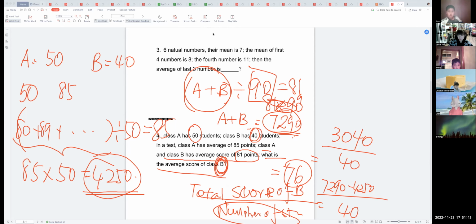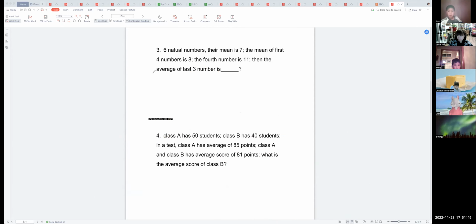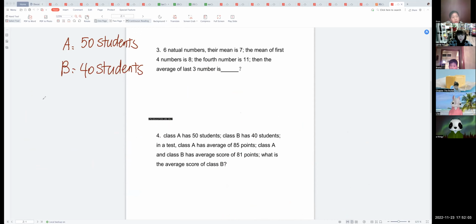Some kids say, teacher, my head is spinning, what do I do? Okay, so there's a very helpful note. You put A equals 50 students, B equals 40 students. The mean of A equals 85.